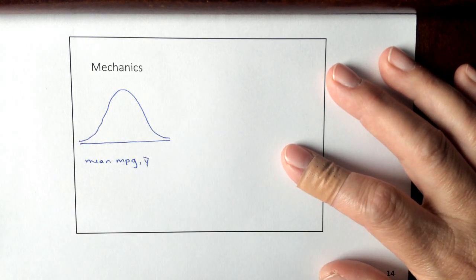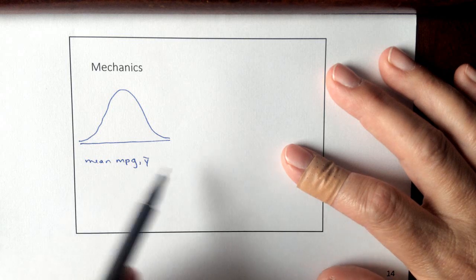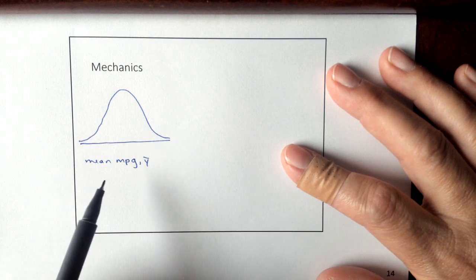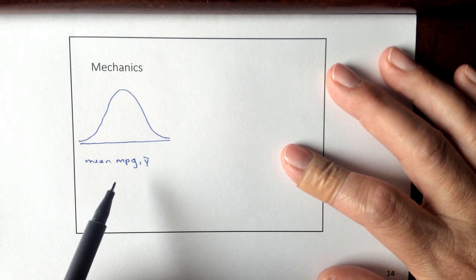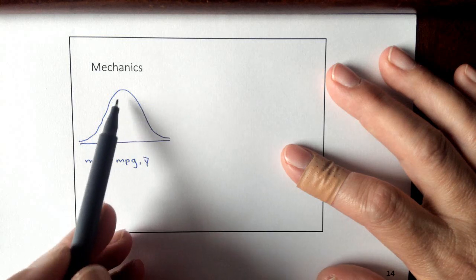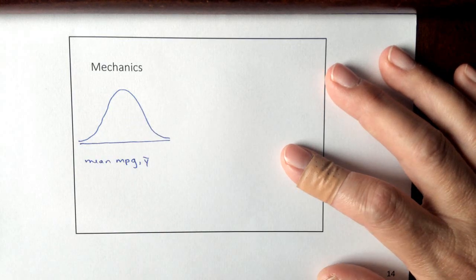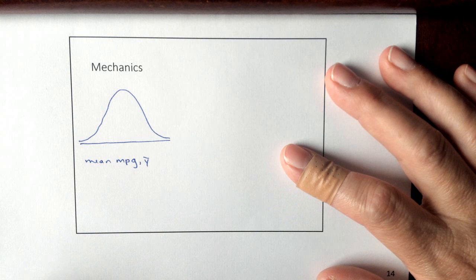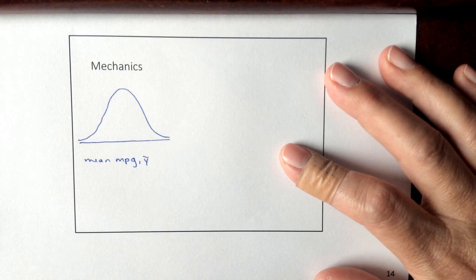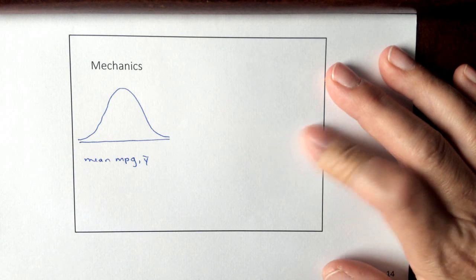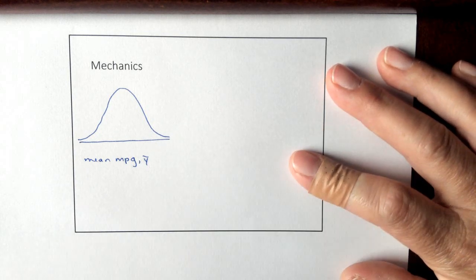This is the picture of all possible Y bars from all possible random samples of 50 trips. So there's Y bars floating around under this curve. Our Y bar is in there somewhere. We're trying to find out where it is and if it's unusual enough to doubt the null hypothesis that we started with.